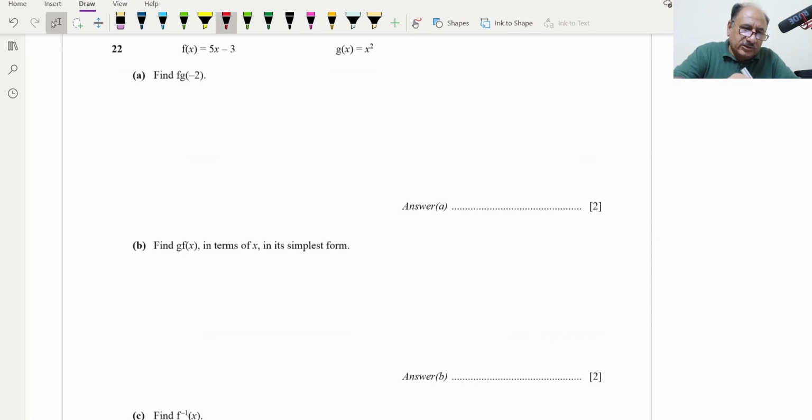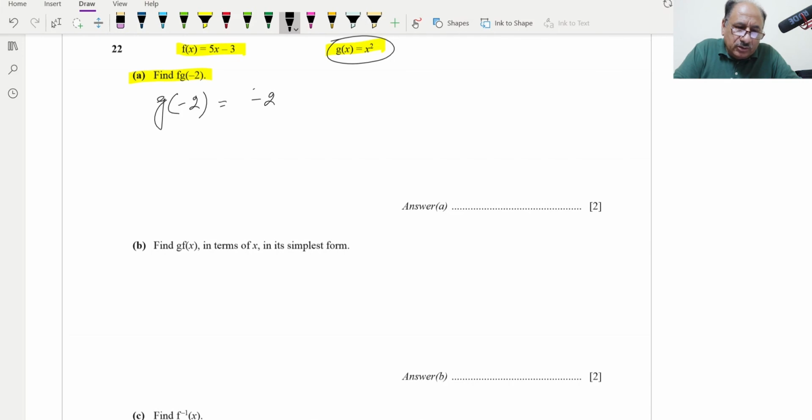So functions question, f of x is given, g of x is also given, find f of g of minus 2. So first of all we will find g of minus 2, and g of x is this one, so we will replace x by minus 2, so it will be minus 2 squared, which is equal to 4.